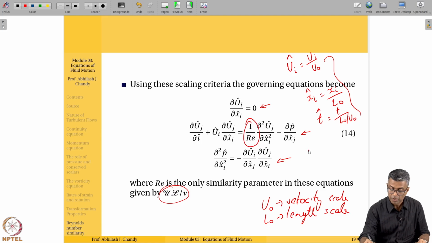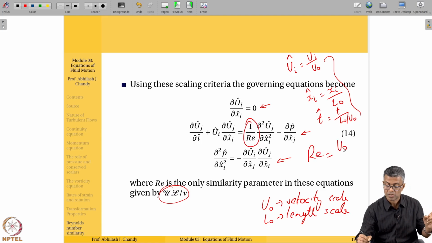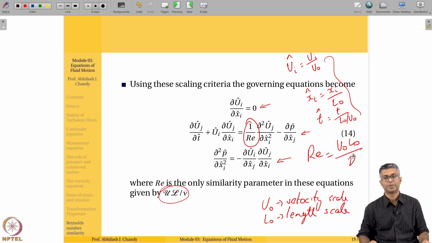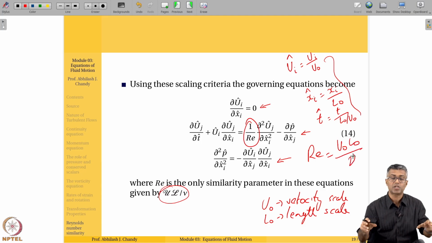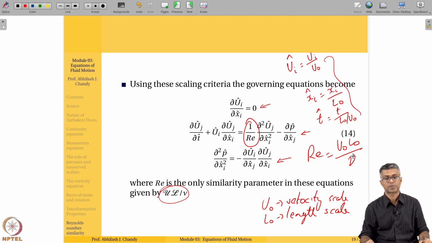How did I get Reynolds number? In this particular case, Reynolds number would be defined as your velocity scale times L0 divided by nu. So as long as the Reynolds number remains the same, I can scale the values. That's what I'm doing here. That is how I get these values. So the flow can be similar between the two, and the flow can be identical if the Reynolds number is the same, if you scale it.